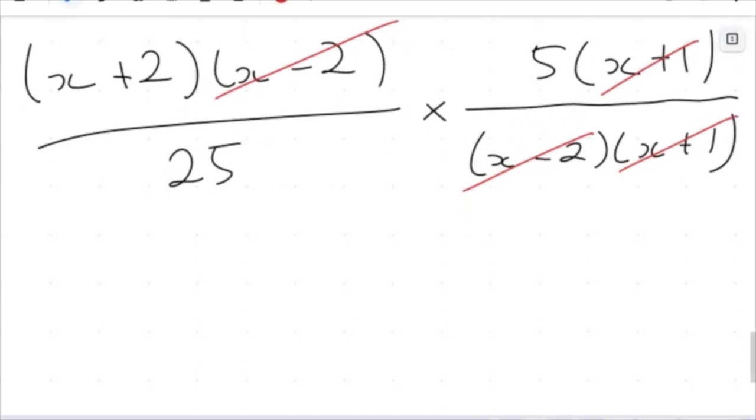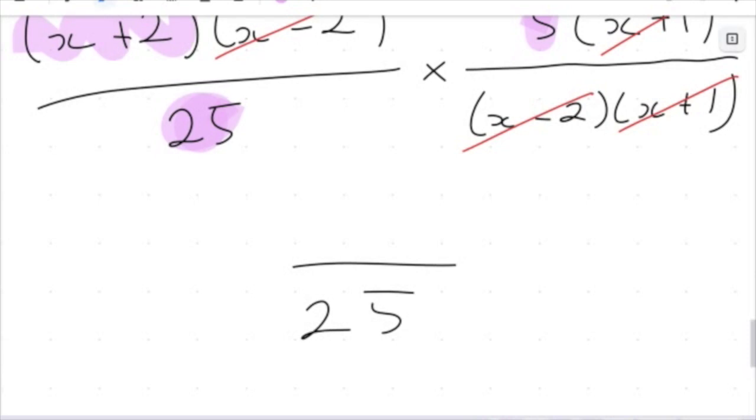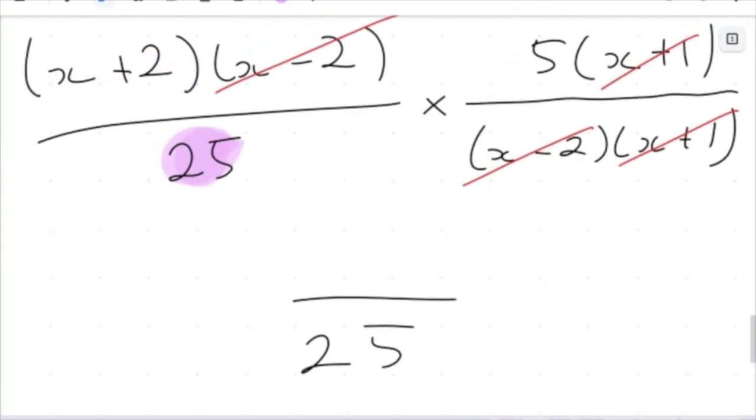And all I have to do now is multiply. Well, there's nothing for this denominator to multiply, it's just multiplying by 1. So we're still going to get 25 down the bottom. And on the top, my x minus 2 is going to multiply by 5. So I get 5 outside of x plus 2.